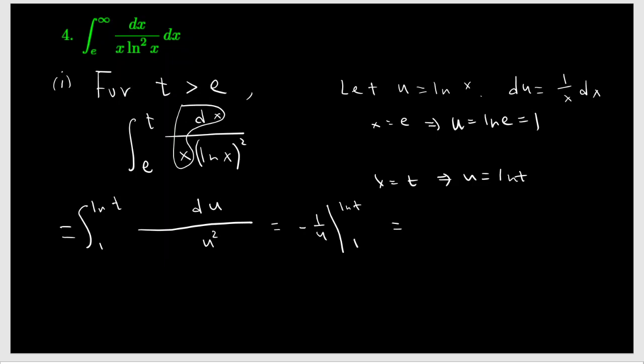So basically, you evaluate the function from 1 to natural log of t. I think you end up with 1 minus 1 over natural log of t, is that right? So you see, if you do the things in 2 steps, the answer is pretty clean.